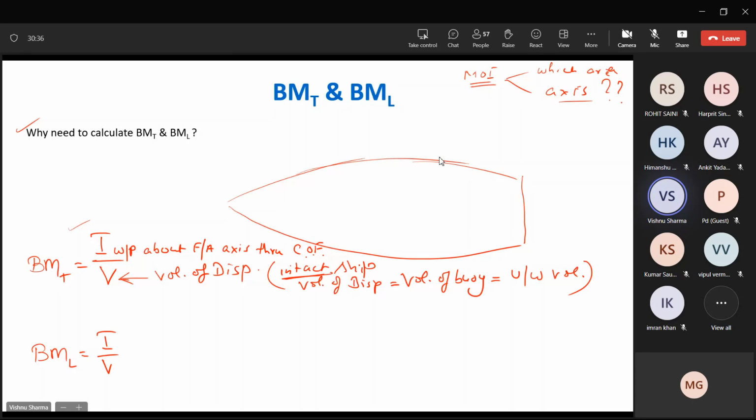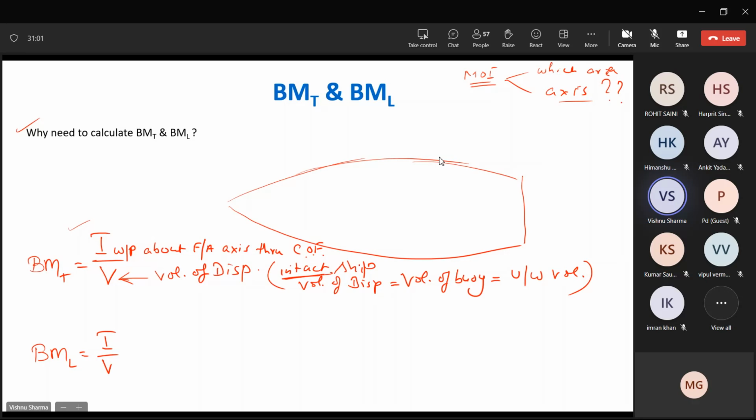So what is V? Don't call it underwater volume, call it volume of displacement, because in damaged condition, volume of displacement, volume of buoyancy, which mean the same, are different from underwater volume. In an intact ship, both are same undoubtedly, but why unnecessarily learn the wrong way?